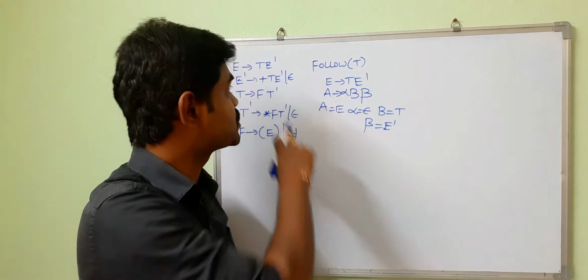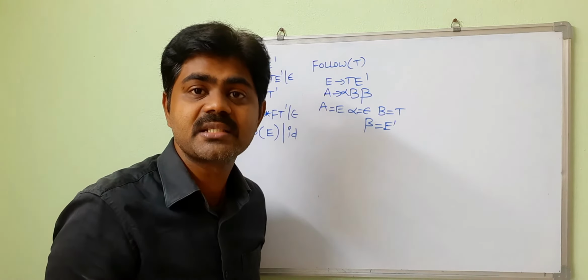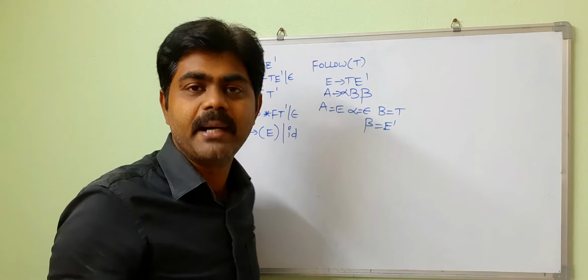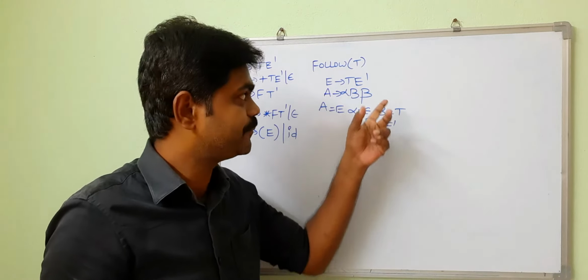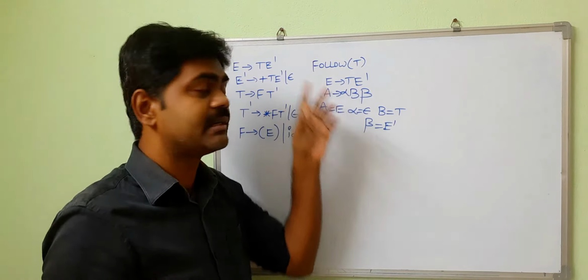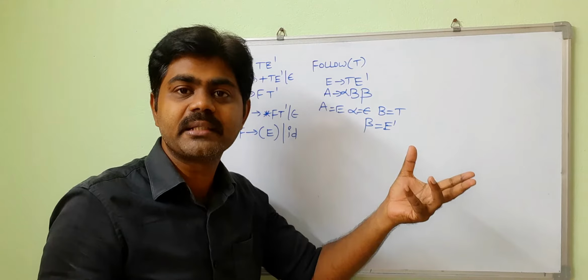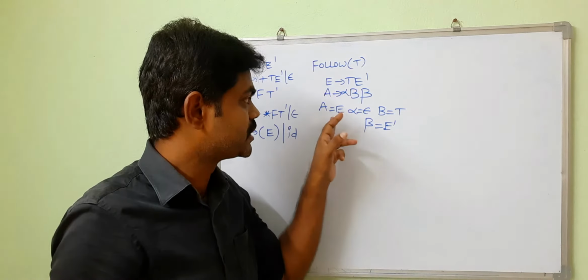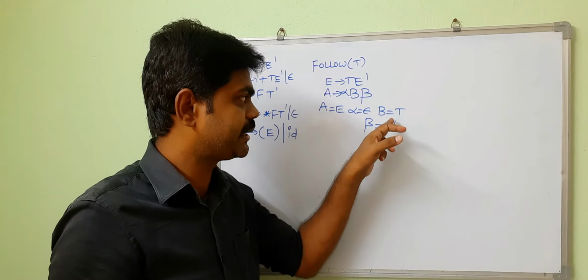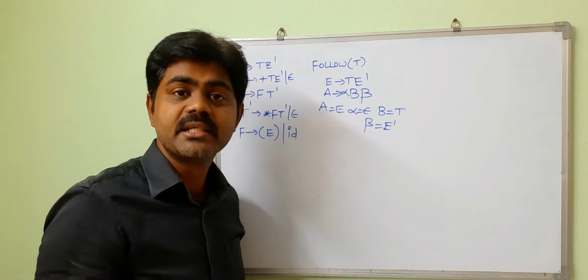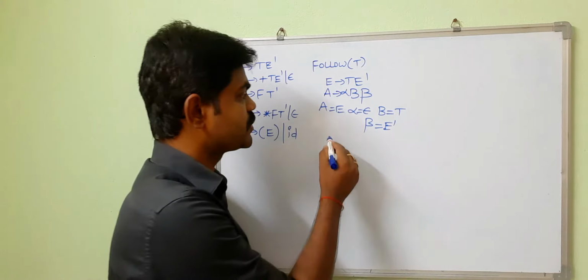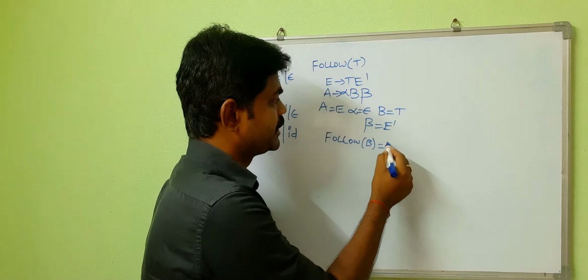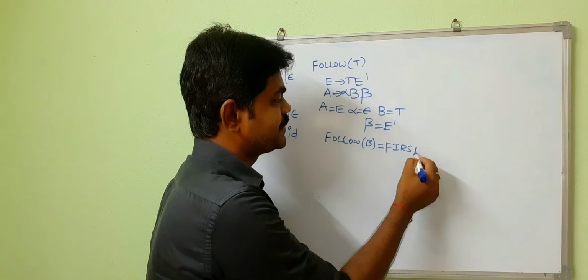In the previous case we found out for E dash, and after E dash we don't have anything, so beta becomes epsilon. But here we are finding follow of T, and after T we have a non-terminal, so before T it becomes epsilon, that is alpha. So A equal to E, alpha equal to epsilon, B equal to T, beta equal to E dash. So we have rule 2: follow of B equal to first of beta minus epsilon.